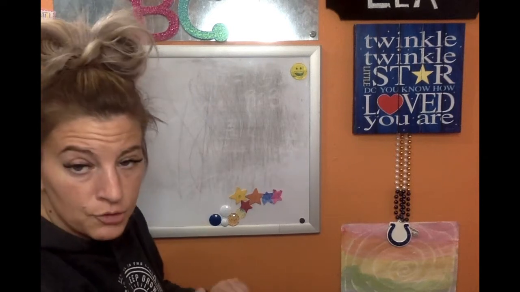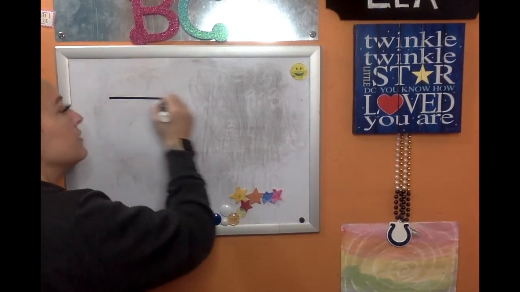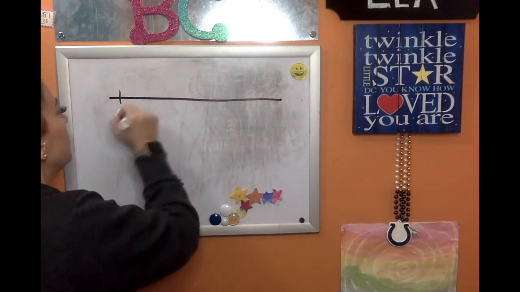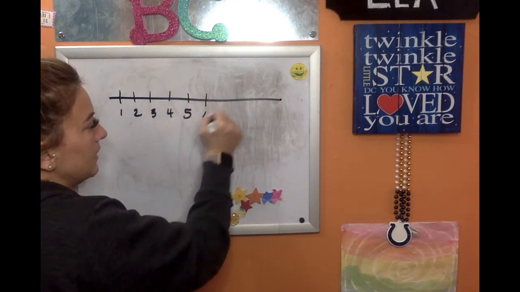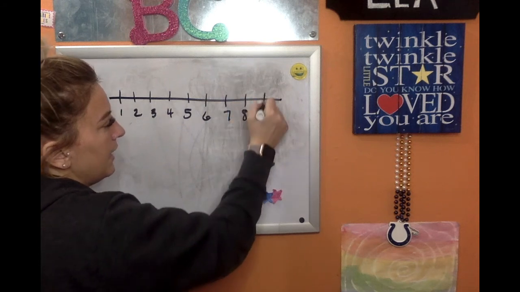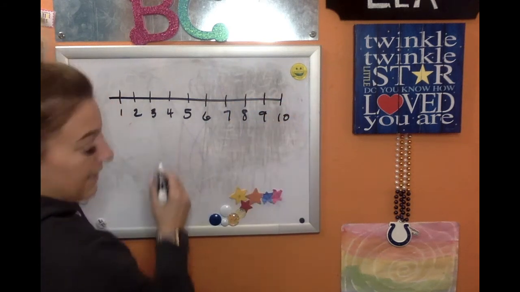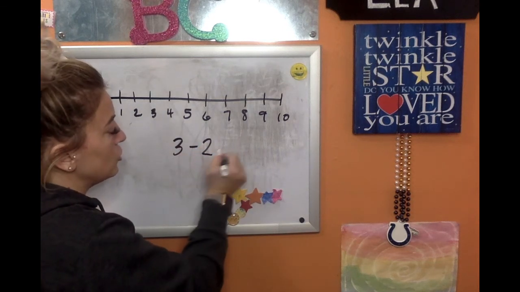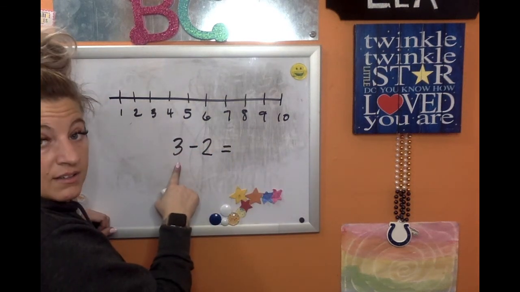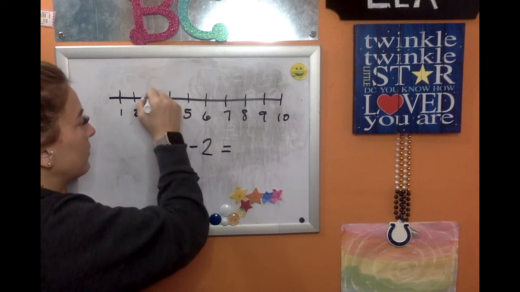We're going to do some subtraction on the number line. So let's get our subtraction. 1, 2, 3, 4, 5, 6, 7, 8, 9, 10. Okay, our first subtraction is 3 minus 2. Where do we start? On 3.